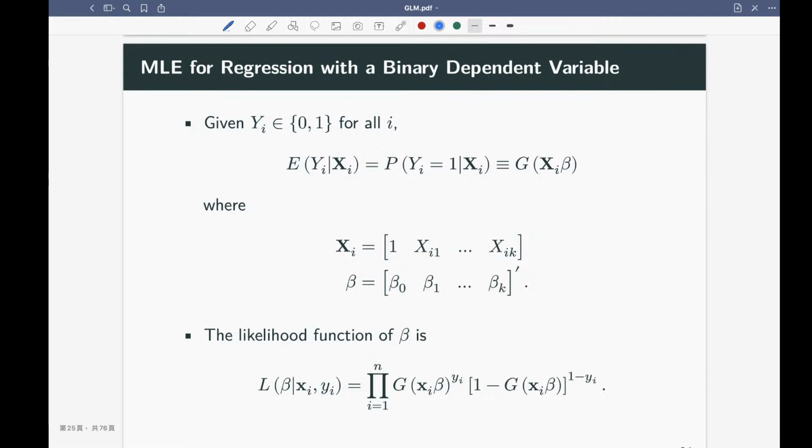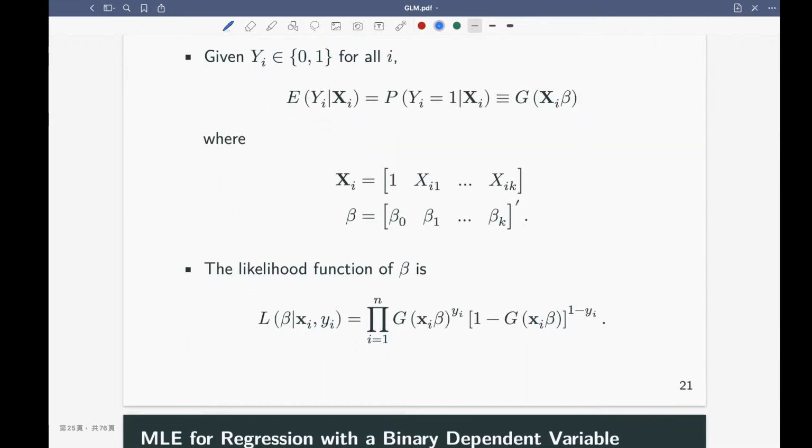Now we use this result for the general form of the binary dependent variable. In the Bernoulli distribution, the likelihood function has a p and a y minus p.